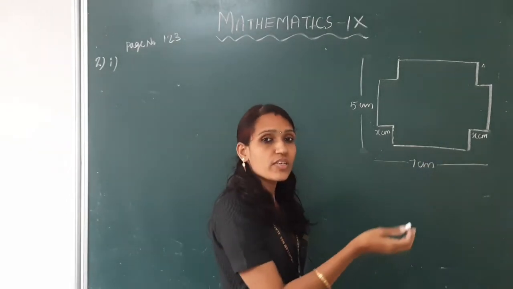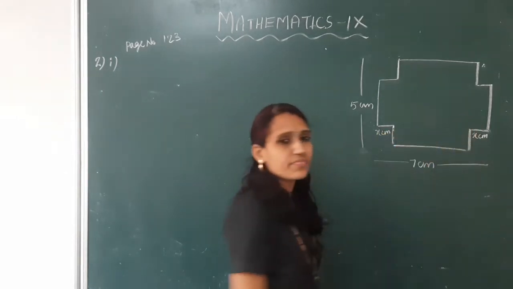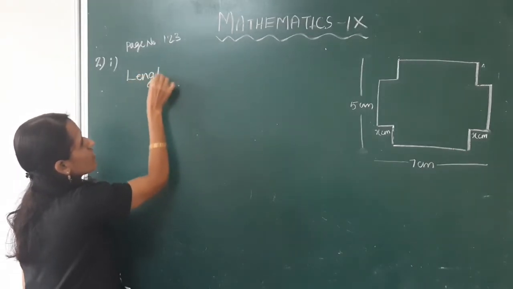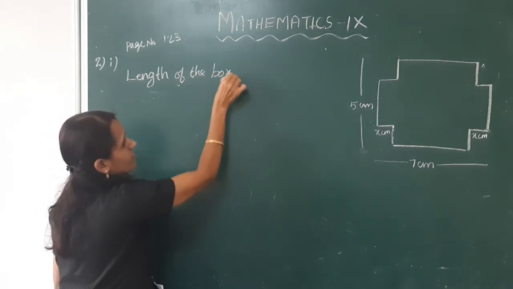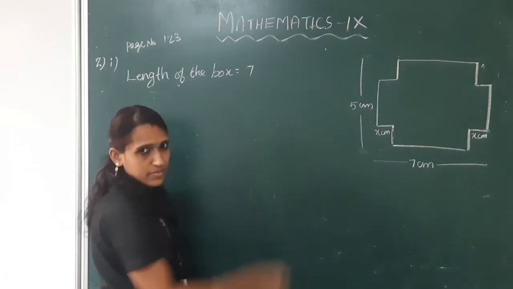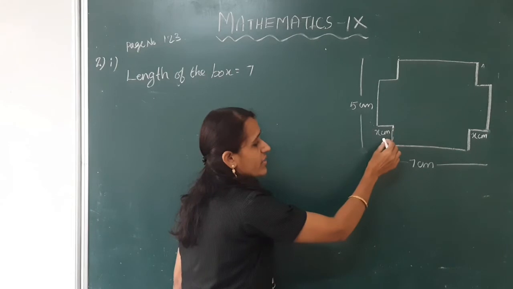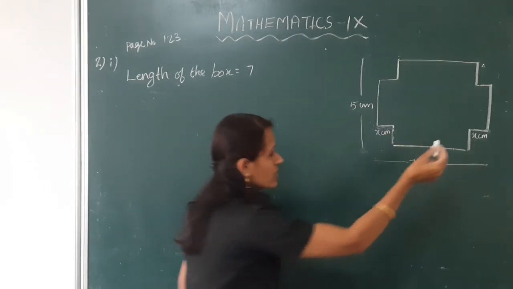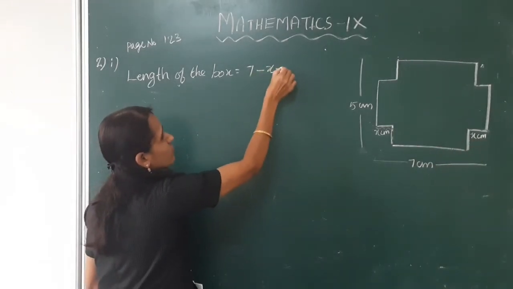If a side of the cut square is taken as x centimeter, then length of the box is equal to the total length minus x centimeter, and this is also x centimeter, minus x.